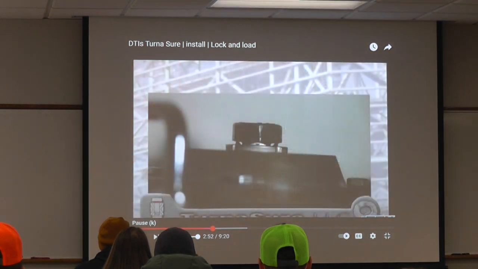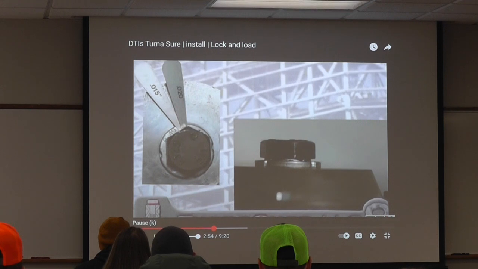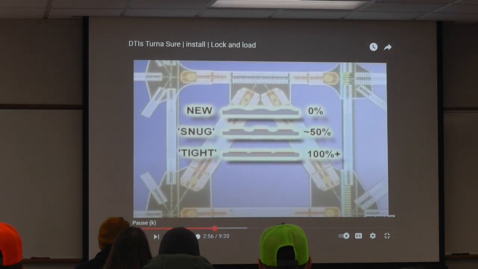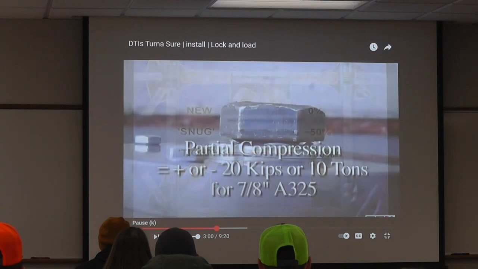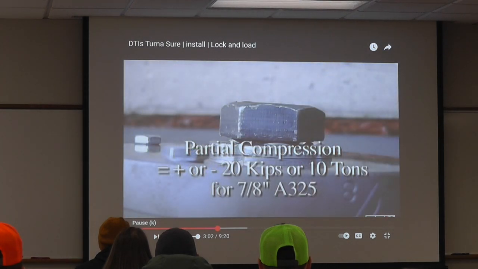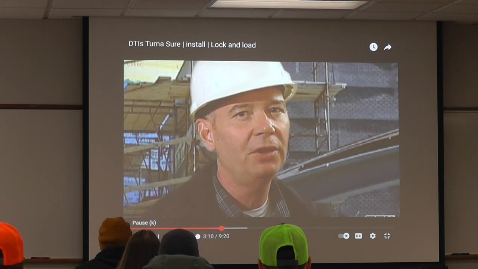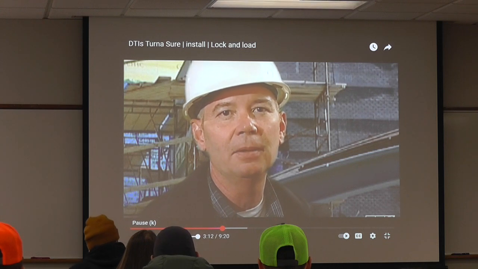By partially compressing each DTI, more than half the required final tension will be induced in each bolt. So for instance, on a 7/8 inch A325 bolt, that will be about 10 tons in each bolt. That should be more than sufficient to bring all the plies together.